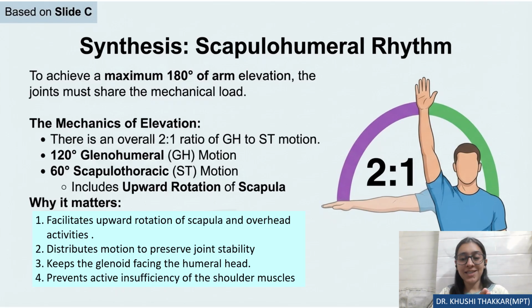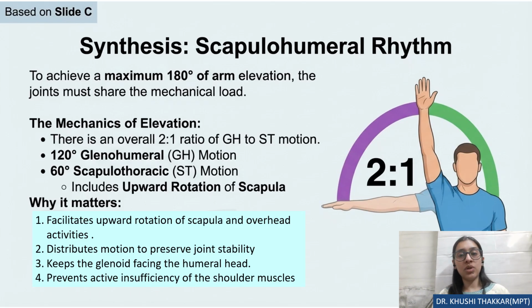Most important exam favorite question of your Viva and CET, and actually very important for your assessment and management, that is scapulohumeral rhythm. Now, to achieve 180 degrees of arm elevation, the joints must share the mechanical load.